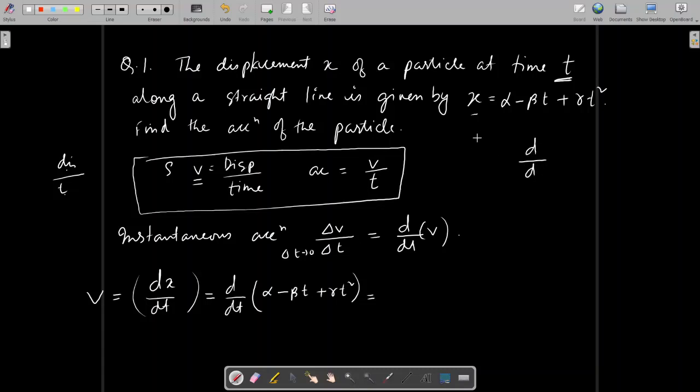Okay, let me assume two variables y and x. Okay, y is changing with respect to x, so differentiation will be dy by dx. If y is changing with respect to x, so your differential will be dy by dx. Now here, since x is changing with respect to time, therefore it is d by dt.